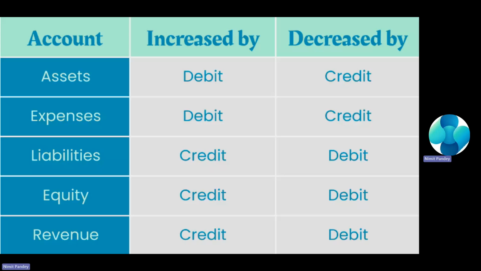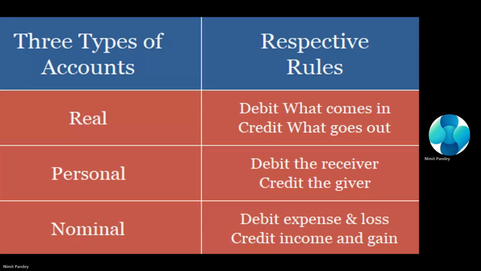Okay, and another easy way is the three types of accounts and their rules. But please do not go through the three types of accounts, real, personal, nominal. Just remember these three rules: debit what comes in, credit what goes out, debit the receiver and credit the giver.